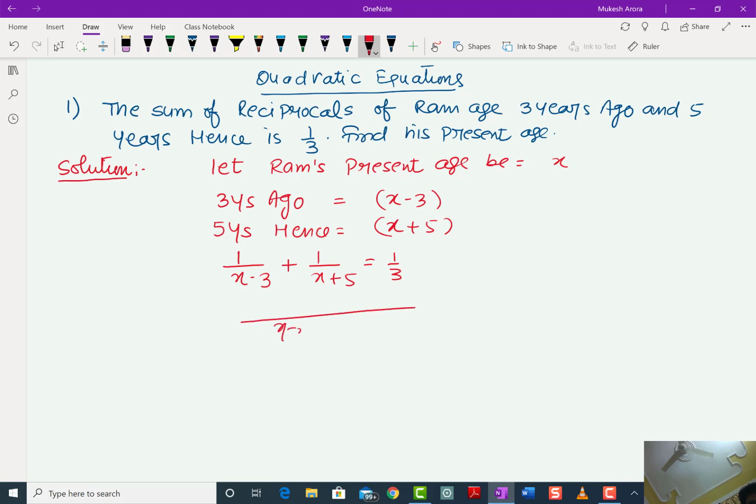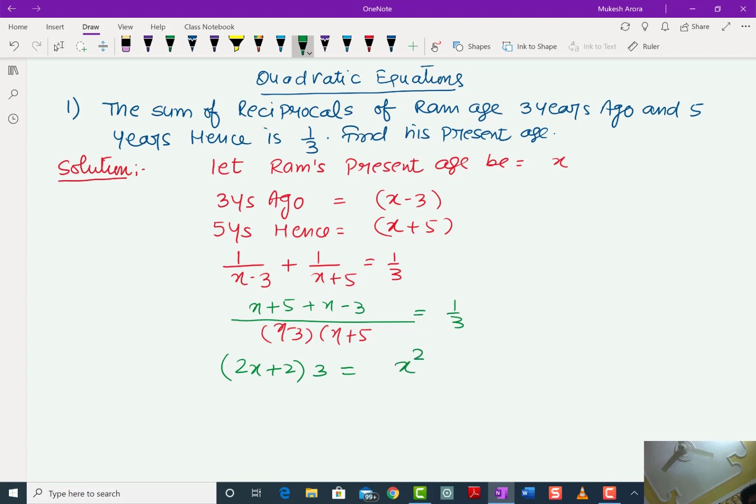LCM will be x minus 3 times x plus 5. So it will be x plus 5 plus x minus 3 over that, is equal to 1 by 3. 2x plus 2 into 3 is equal to x square plus 5x minus 3x minus 15.